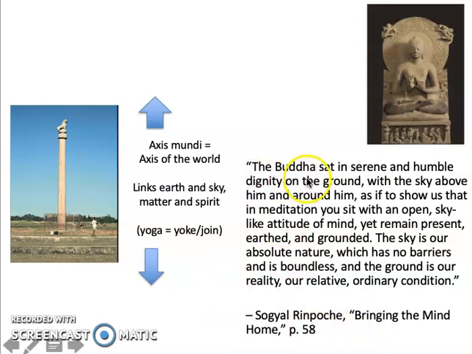The Buddha sat in serene and humble dignity on the ground, with the sky above him and around him, as if to show us that in meditation you sit with an open, sky-like attitude of mind, yet remain present, earthed and grounded. The sky is our absolute nature, which has no barriers and is boundless. And the ground is our reality, our relative ordinary condition.